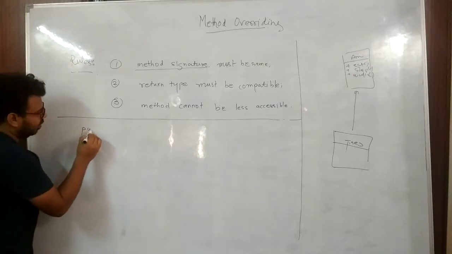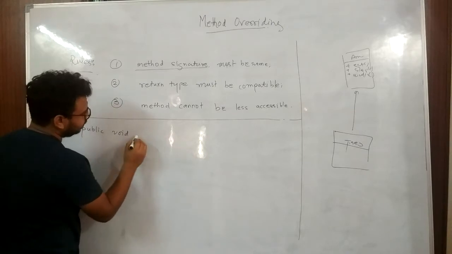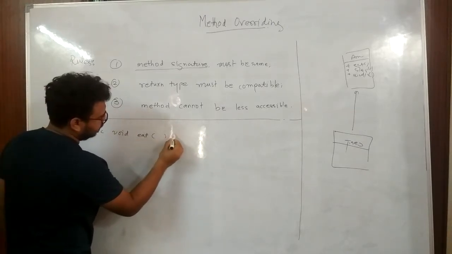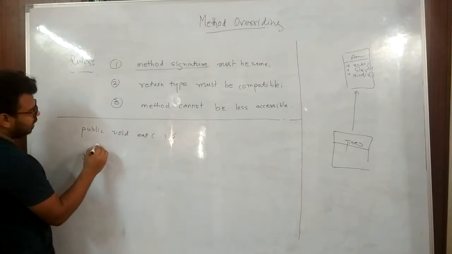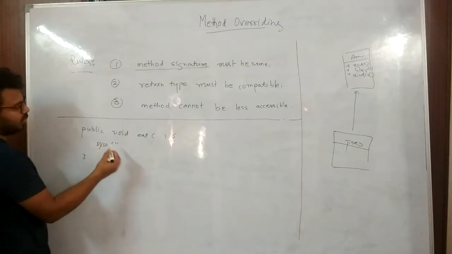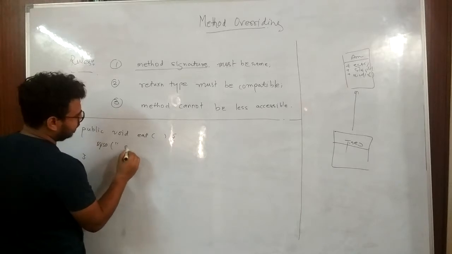For each method we have, suppose, public void eat, and here we have System.out.println, simply "I eat grass".